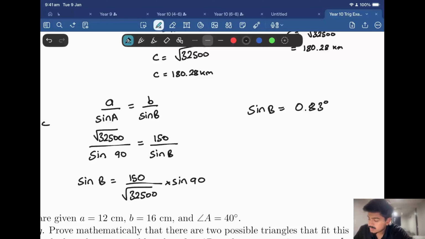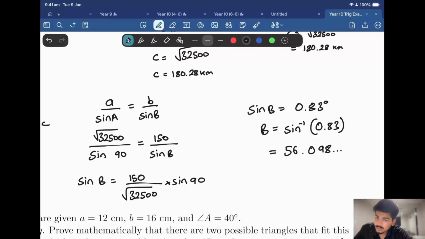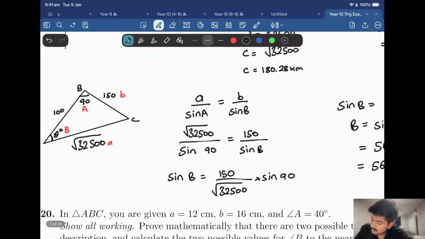0.83. Okay, so what's my value of B? So we have sine inverse 0.83. That's 56.098, which is just 56.10 degrees.